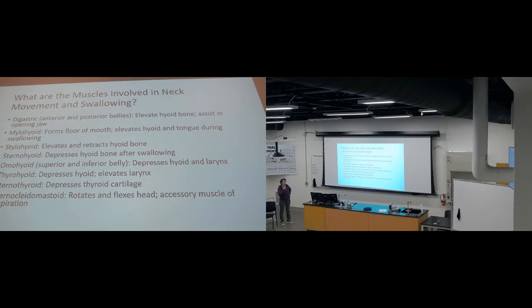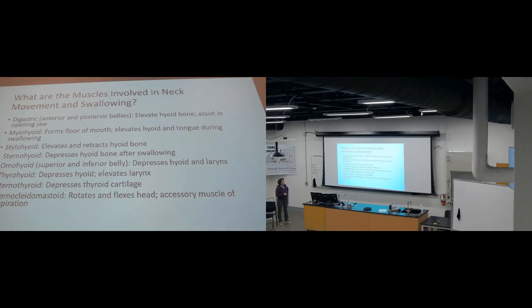Now, the mylohyoid we have in the floor of our mouth elevates the hyoid and the tongue during swallowing. So if you swallow saliva and feel the floor of your mouth, feel that contraction, that's the mylohyoid.